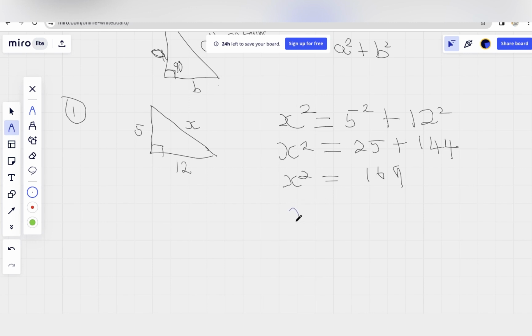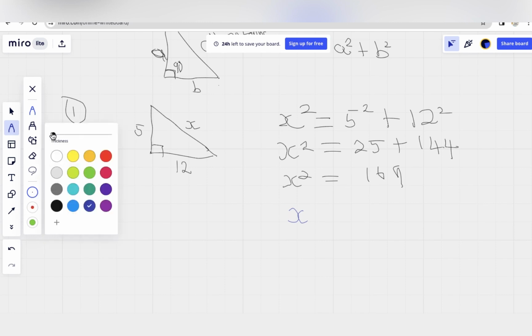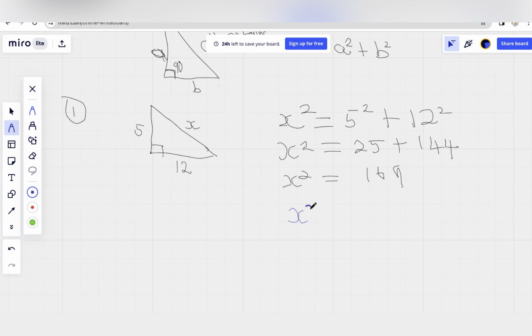We write X square is equal to 169, but we take the square root of both sides.